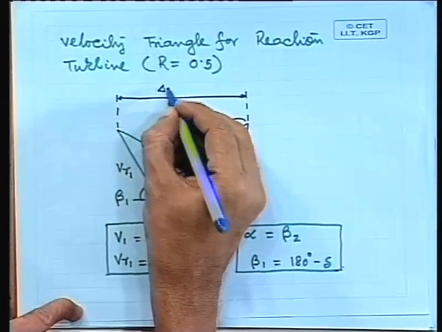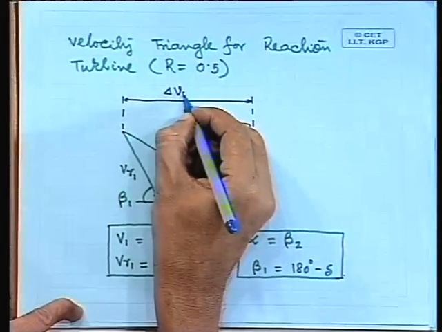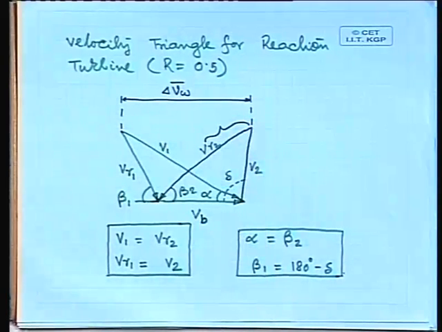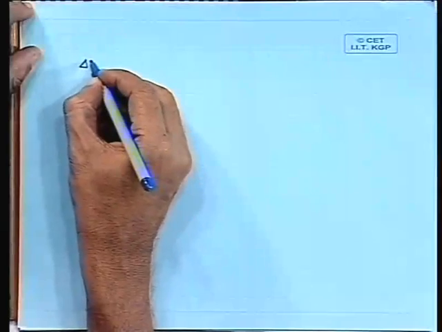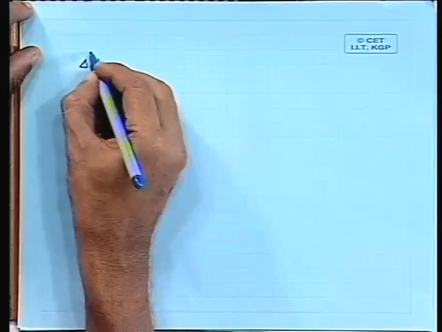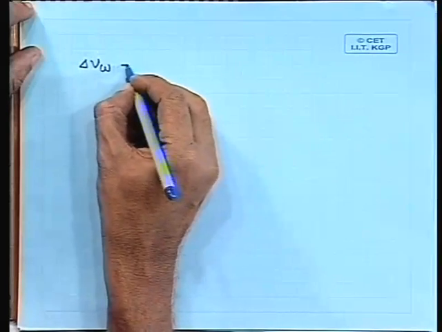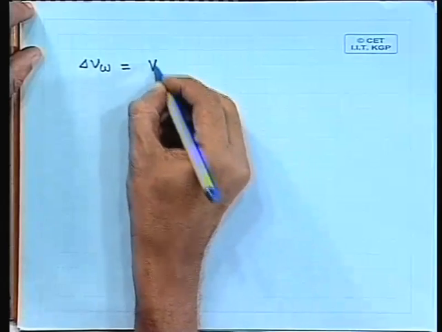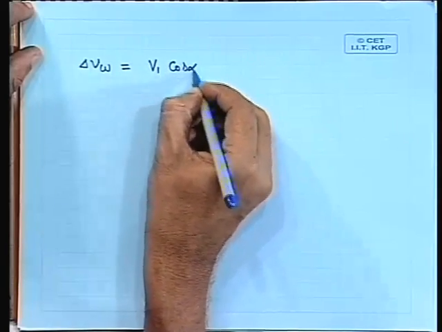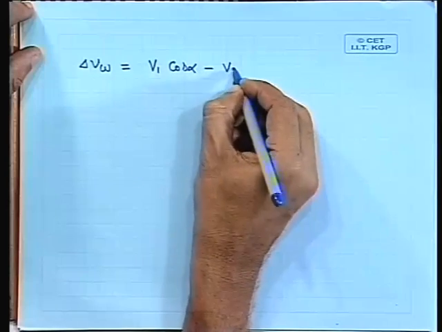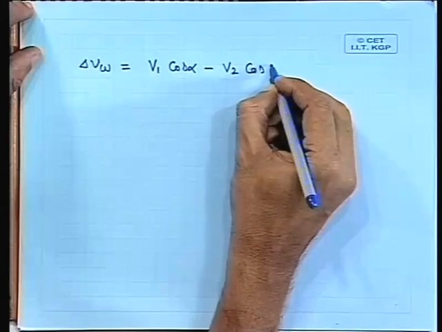All right. And then just like previous analysis, what we can do, we can determine what is del V omega, whirl component of velocity. Keeping this diagram in mind, one can write del V omega, that is equal to V1 cos of alpha minus V2 cos of delta.